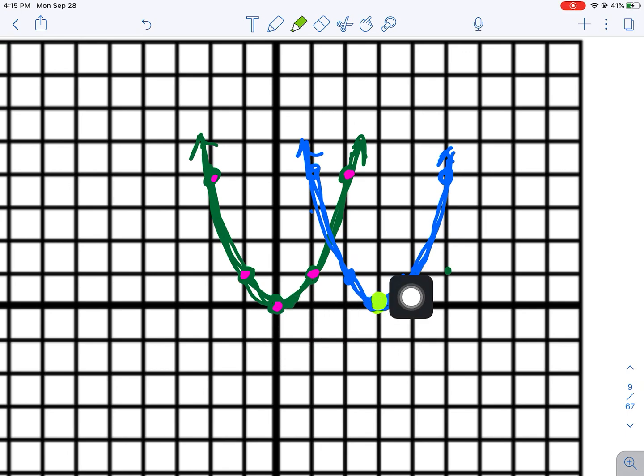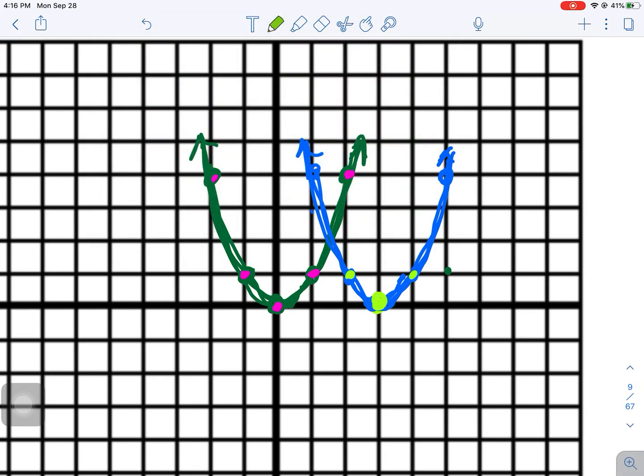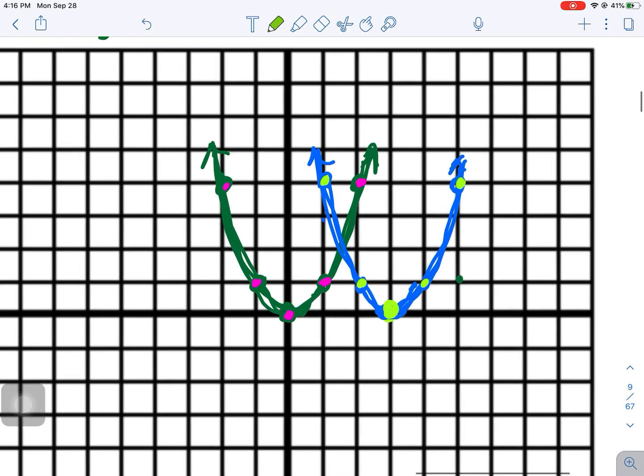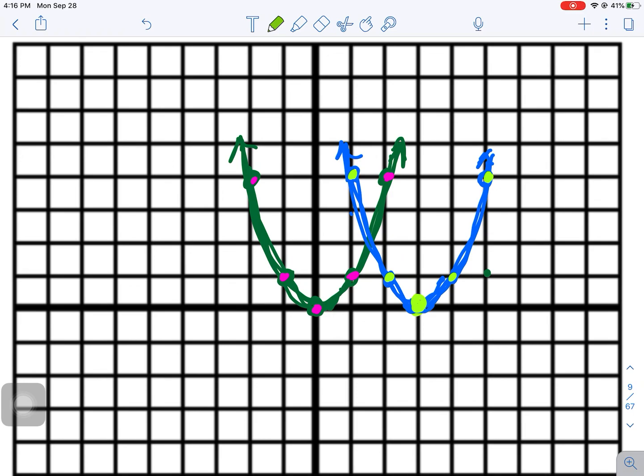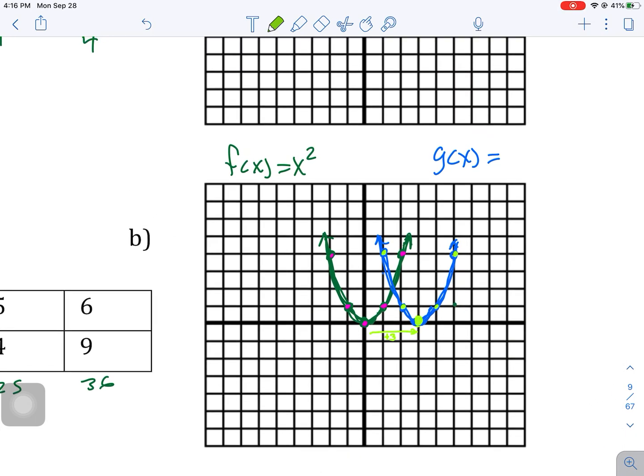So the vertex is 3, 0, and when you plot the other points here at 1, 1, and 2, 4, okay, you can see it's the same parabola, but this one is going to go plus 3 to the right. Okay, so it's the same thing, but it goes to the right.